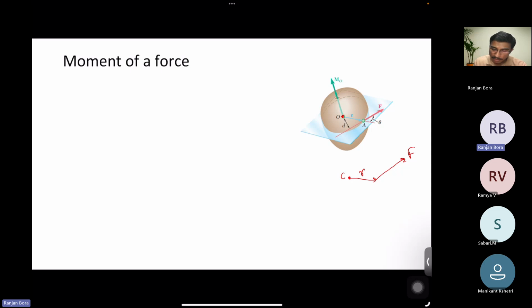Because of this force F, the body tries to rotate about this axis in the direction I have shown here. This tendency to rotation we call a moment. And what is the definition?